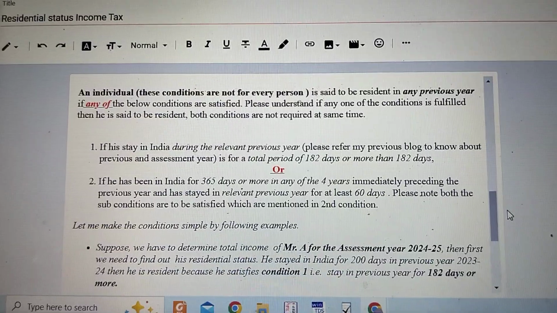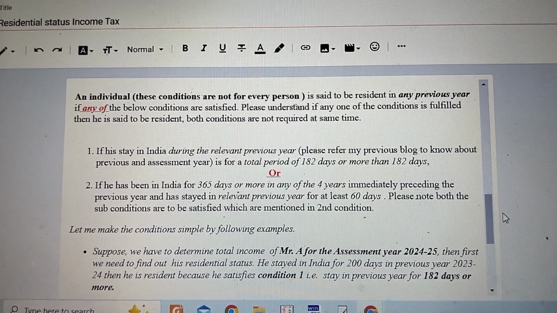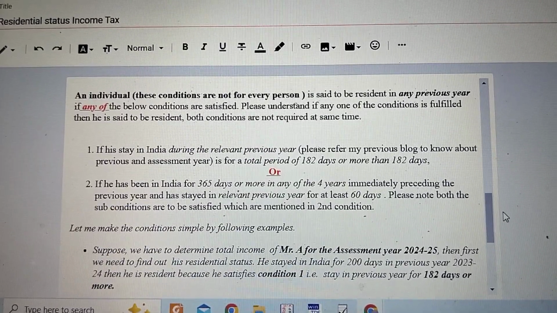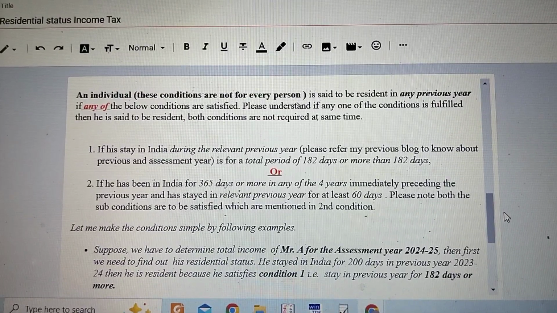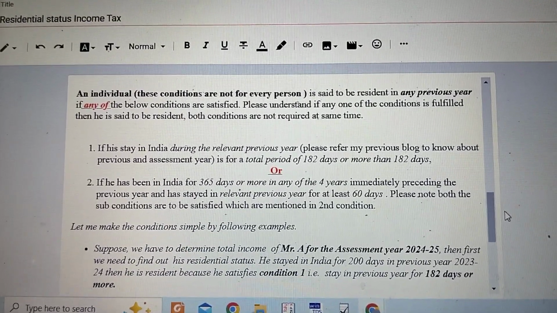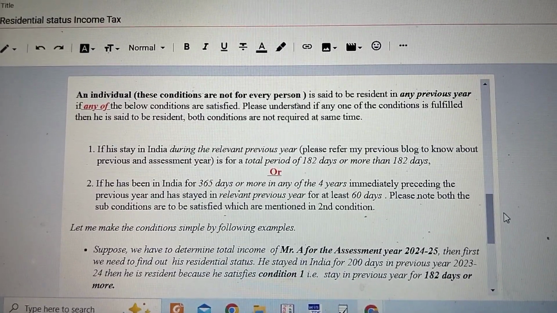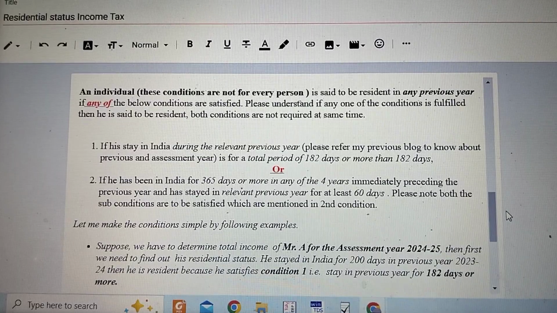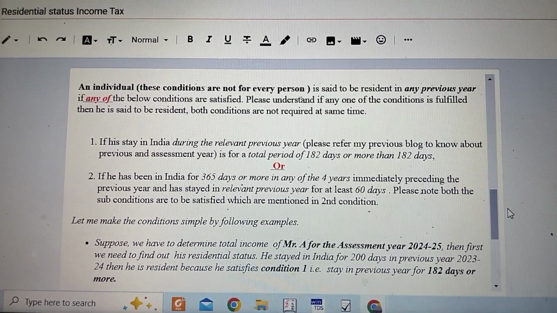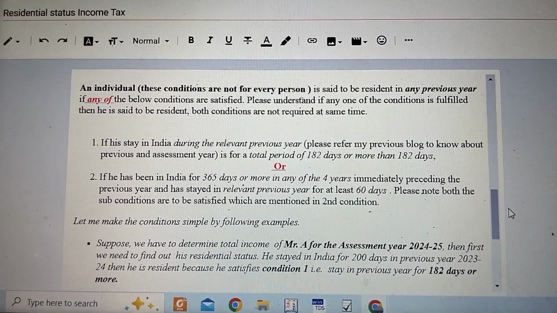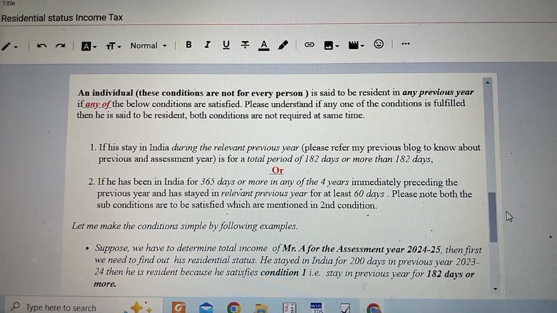So for financial year 23-24, the assessment year will be 24-25, and we need to pay the tax, if there is a liability. So for determining the residential status, these two criteria are given in the Income Tax Act, and you need to satisfy any one of the below conditions.